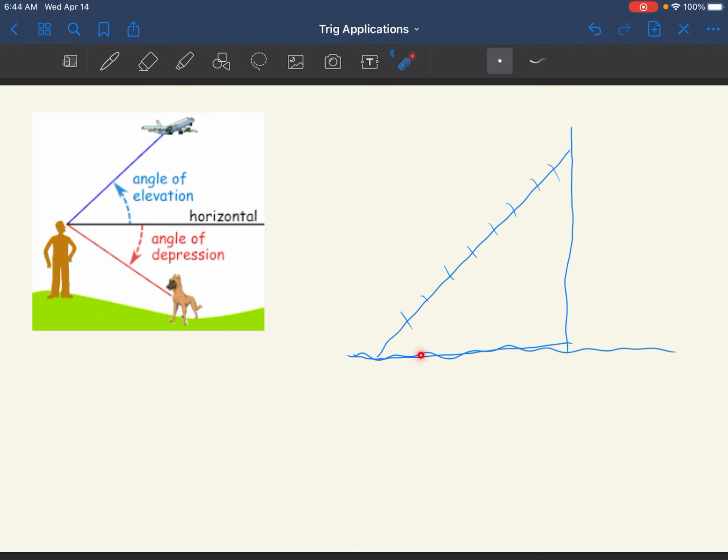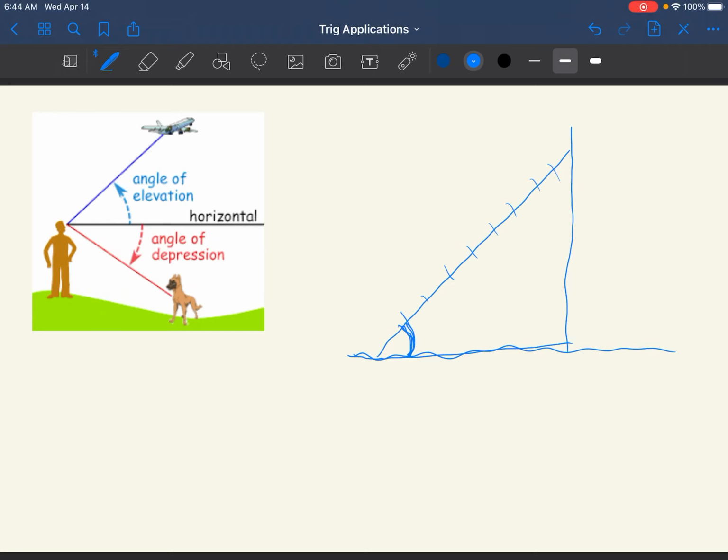It goes up from this horizontal to the ladder. Okay, the angle of elevation goes up from the horizontal, in this case, to the object, which is the ladder. So the angle of elevation is that angle right there. That's the angle of elevation.